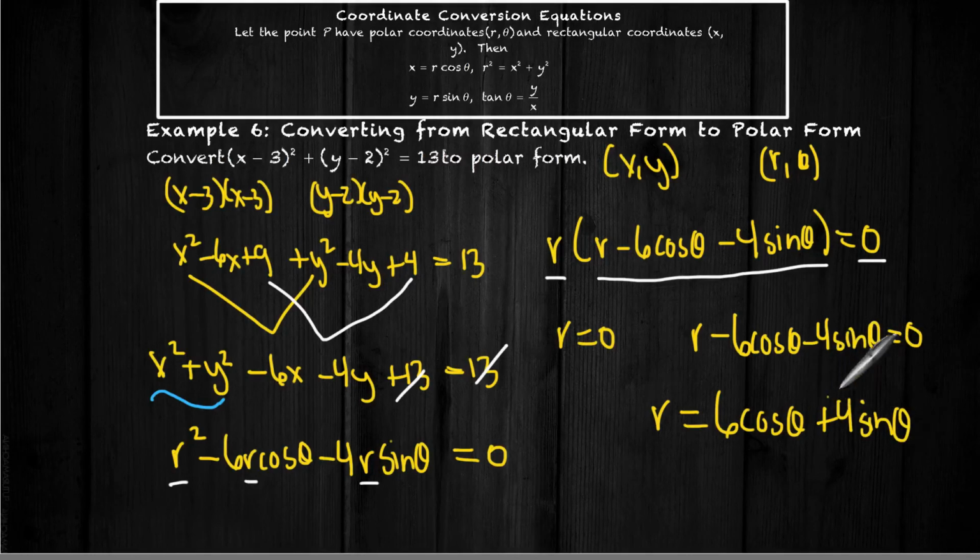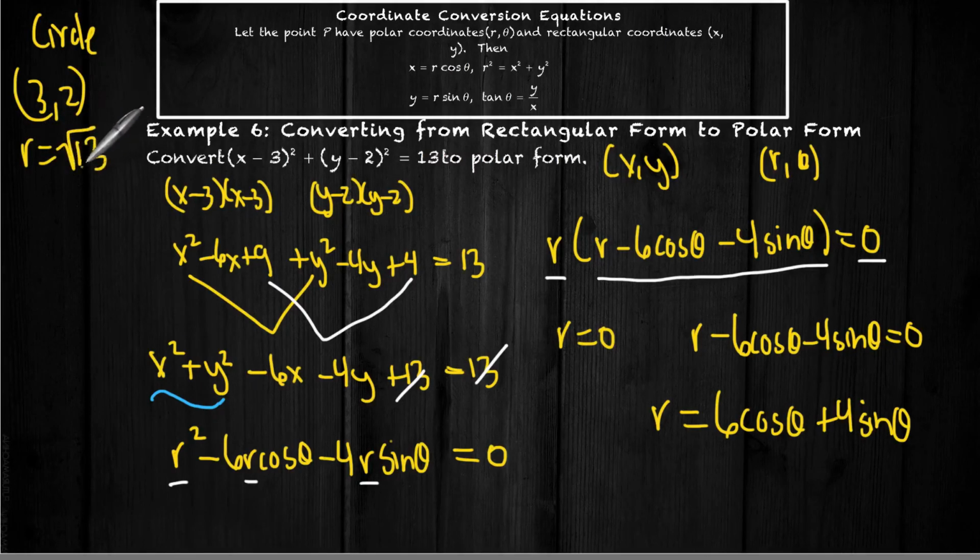And this is going to create a circle. We know that because if we go all the way back to the beginning of the problem, this is a formula for a circle that has a center of 3, 2, and a radius of square root of 13. And that's how you convert from rectangular form into polar form.